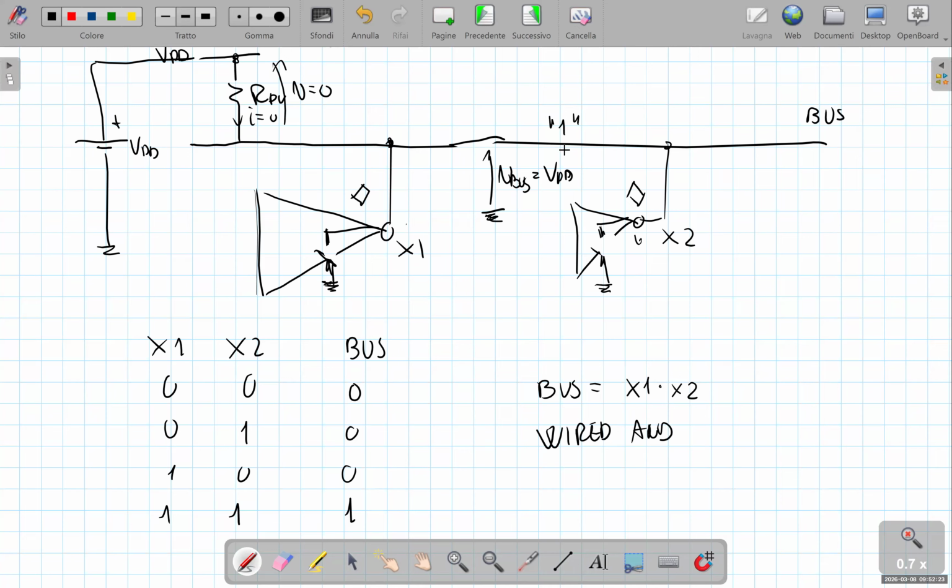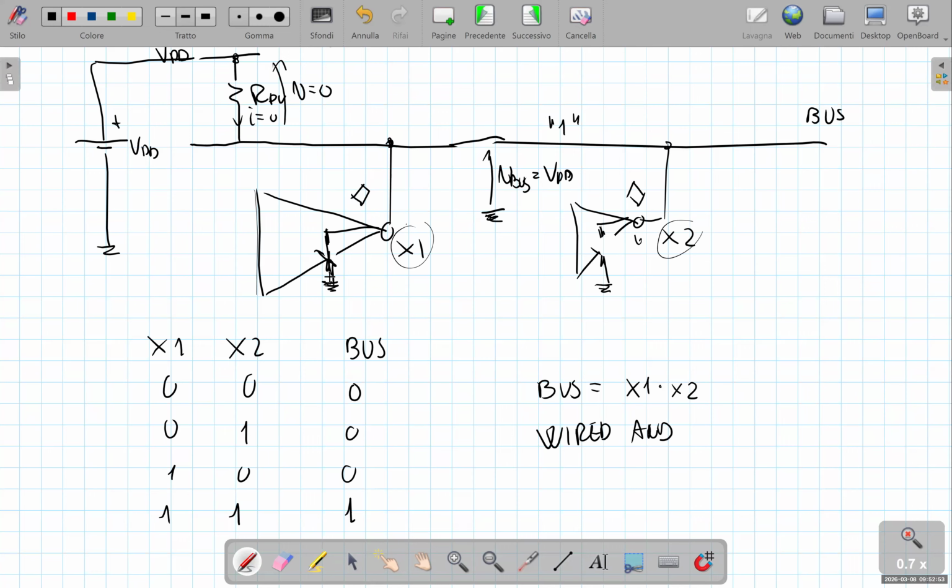The state of the bus is given by the AND of the corresponding logical states of the outputs of the open drain gates connected to the bus. Okay, so these open drain gates can be connected to shared interconnects without any problem.